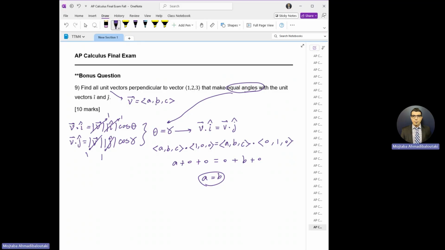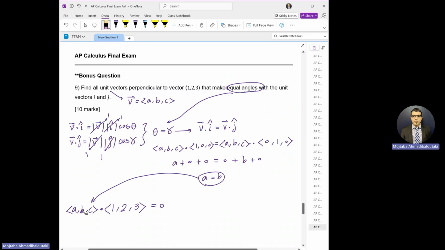And the other piece of information that we have, it says this vector is perpendicular to this vector 1, 2, 3, right? So from that, we have our vector a, b, c dot 1, 2, 3. It's perpendicular. That means their dot product is 0. So here, because we said a equals b, we can just substitute that with a. There you go.